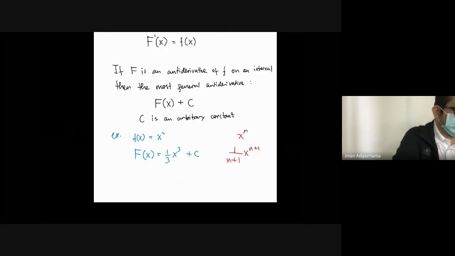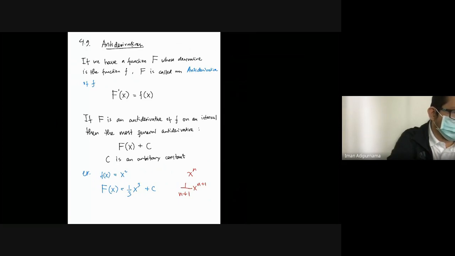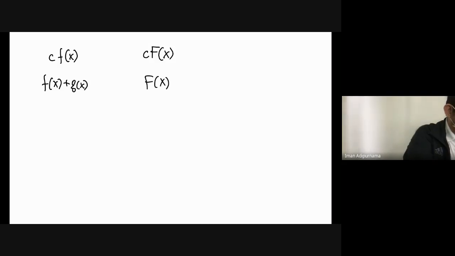But I think I can take another slide to write some obvious derivatives and antiderivatives. So if you have a constant c times f, then the antiderivative will be just the constant times F. And if you have f of x plus g of x, this will be F of x plus G of x.